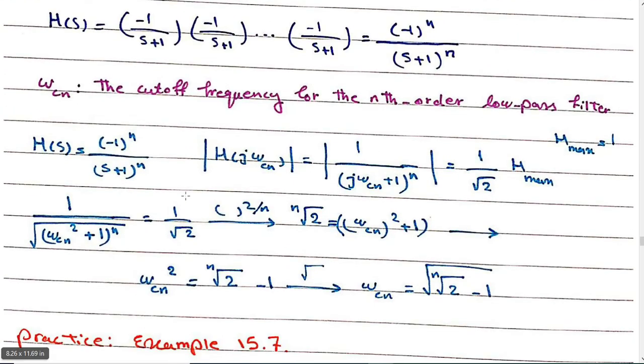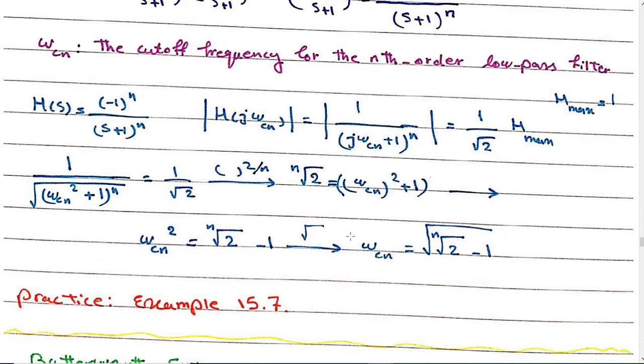Okay, from here, if you want to find the cutoff frequency for cascading filters, this is the final equation. So this one is the cutoff frequency for cascading filters. So if we had just 4 cascading filters, what would be the cutoff frequency? Would you please calculate it for me?